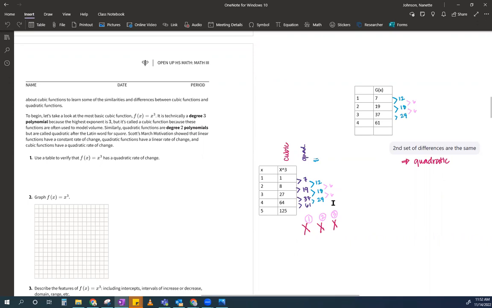What is this guy called? Anybody know this one? No, this is called constant. Okay, constant, not cubic. Constant means that it's not changing.